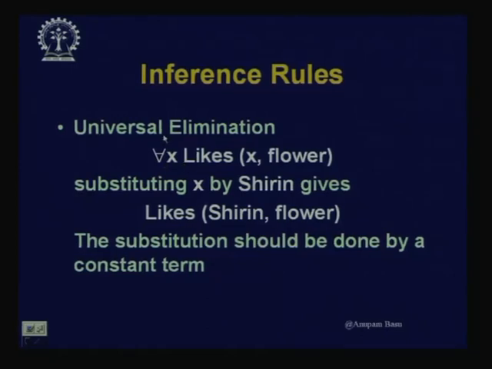So, whenever there is a universal quantifier, I can drop it and represent this with a constant term. So, eliminate this for all x part, and the substitution of that x in the parameter should be done with a constant term. That is technique 1, universal elimination, that is elimination of universal quantifiers.